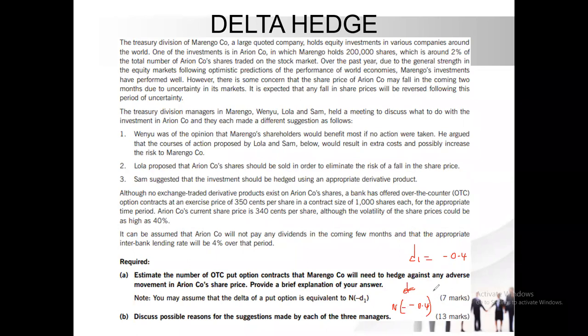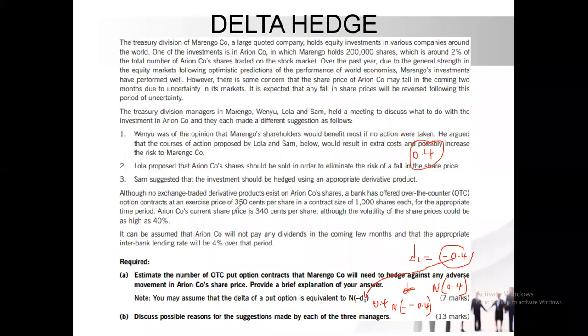When you work out this question, you'll find that the answer comes out as a minus, but that minus you need to put it here. So it becomes 0.4. When you go to the table, we're simply looking for 0.4. That's all. Okay, now let's find the D1.